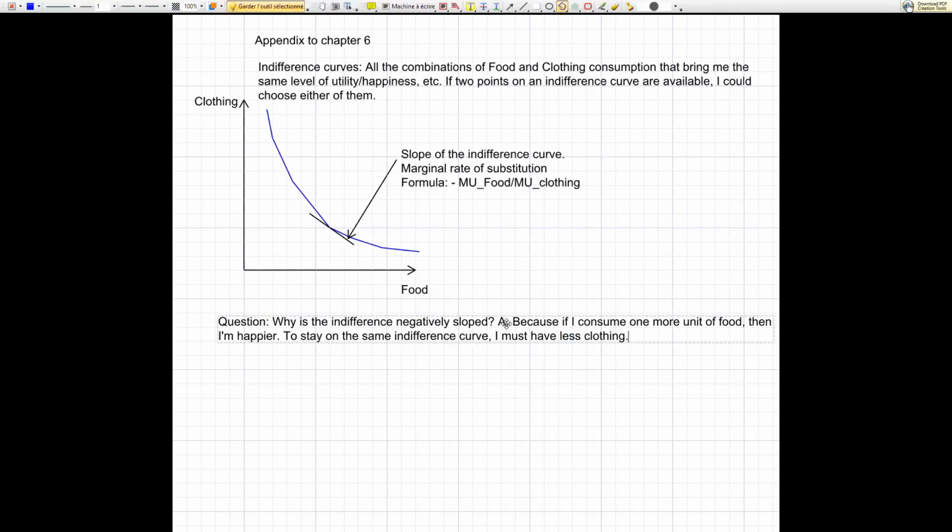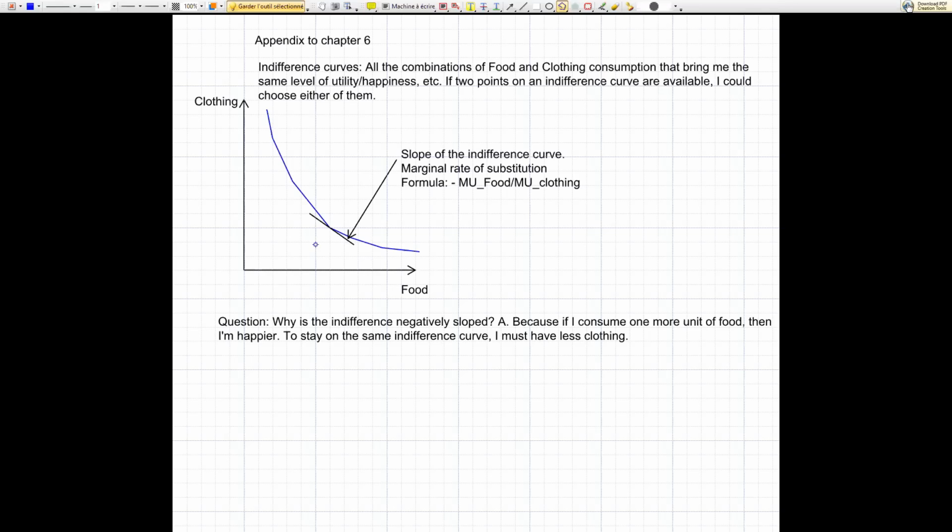So if you increase my amount of food by 1 unit, I become happier because I like food. But I like clothing too. So the only way for me to stay as happy or unhappy as I was before the increase in 1 unit of food is to decrease the clothing by 1 unit.